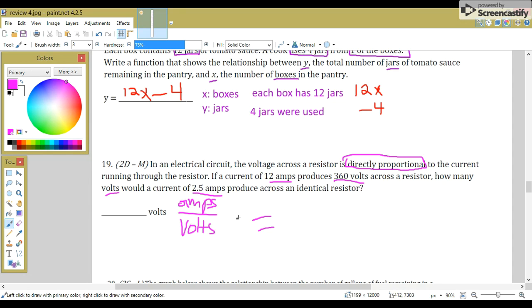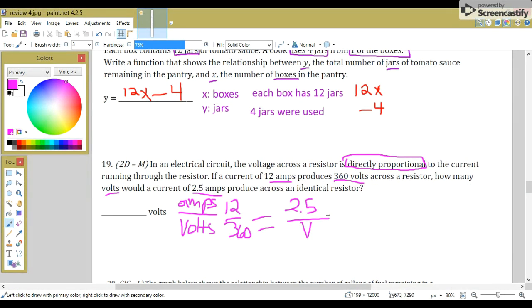So let's write that out. We have 12 amps for 360 volts. That's going to equal 2.5 amps over some kind of number for volts.